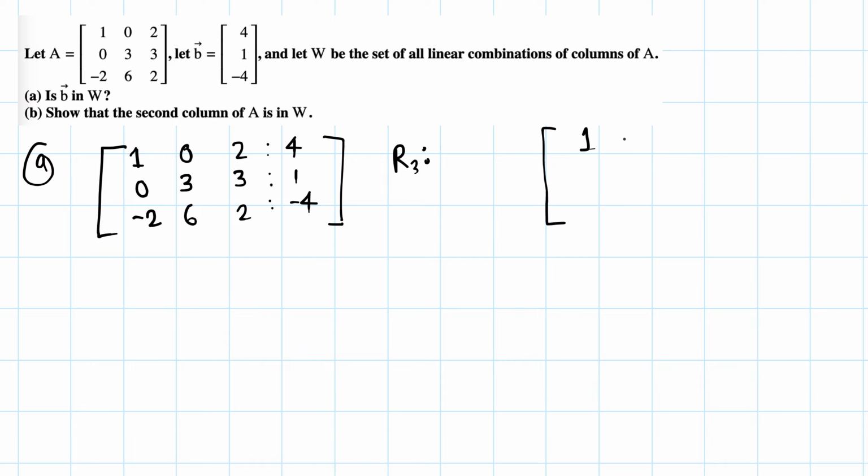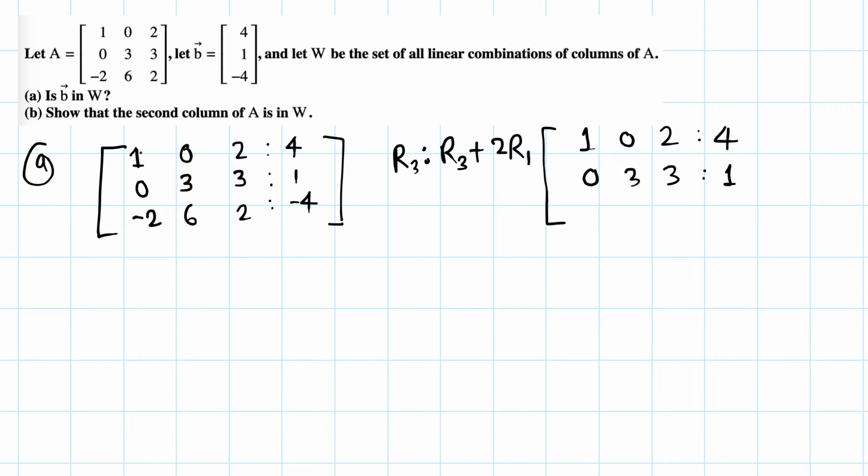R1 is the same, R2 is also the same. R3 becomes R3 plus 2 times R1, right?